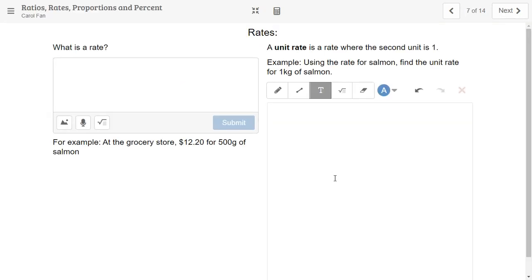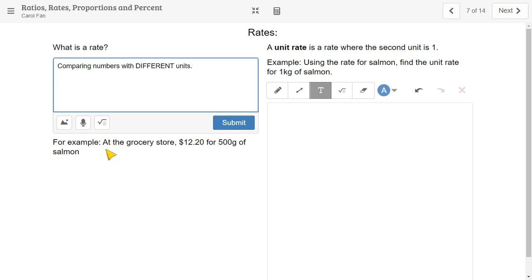The next section we have here is rates. Rates is also a comparison of numbers, except this time we are comparing numbers with two different units. So let's look at this example.